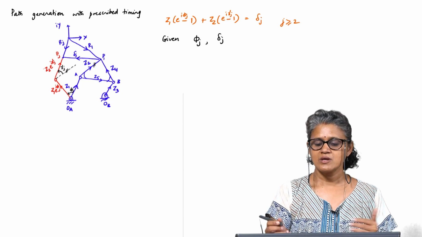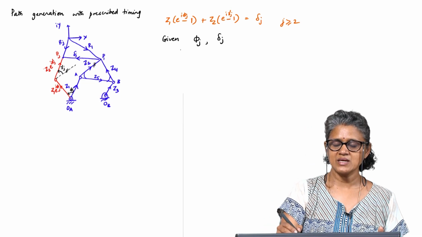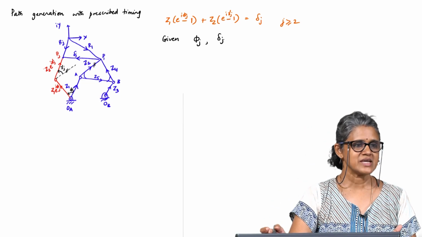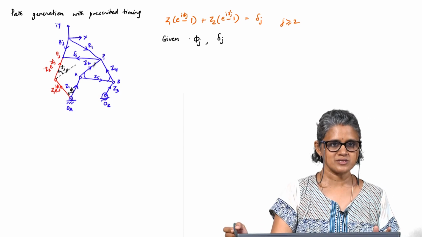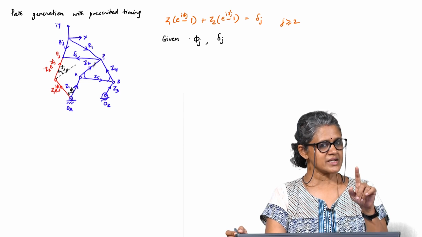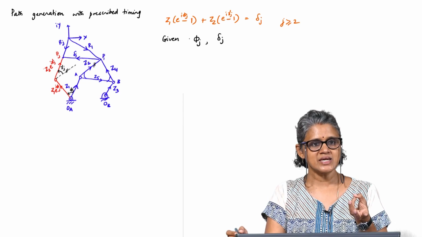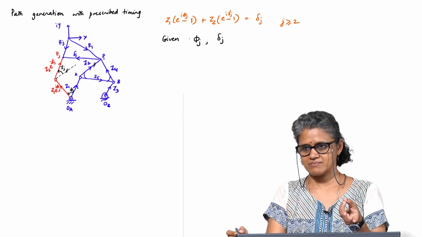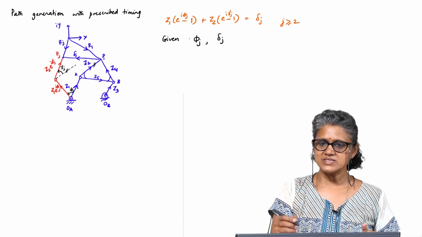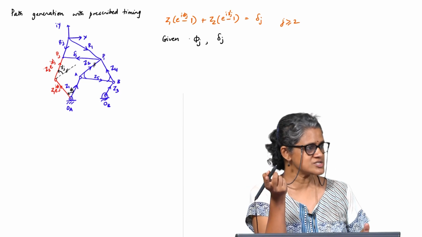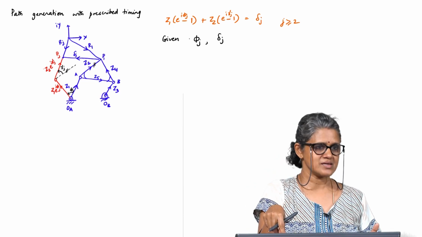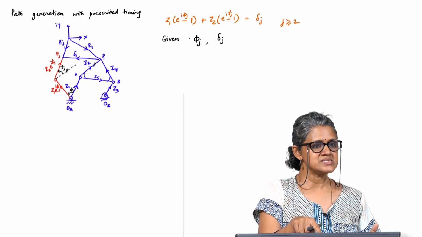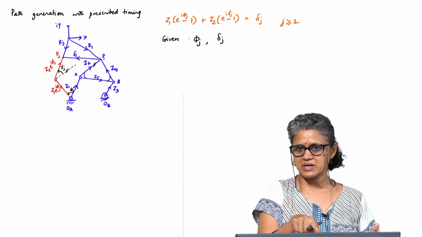So, here essentially you will be given phi j and delta j. If you look at the form of this equation, for the motion generation we were given delta j and gamma j. Delta j, gamma j given is a motion generation problem. If you are given phi j and delta j, it is a path generation with prescribed timing.